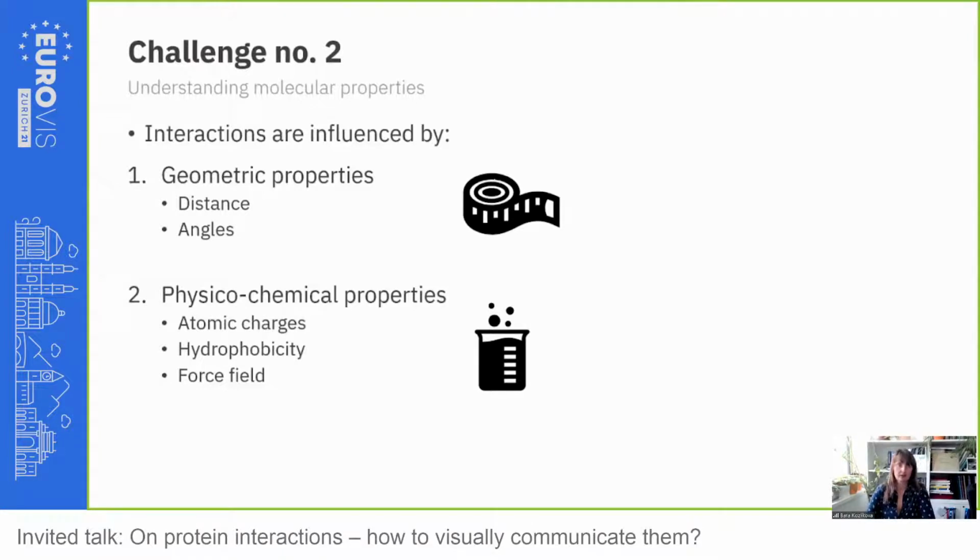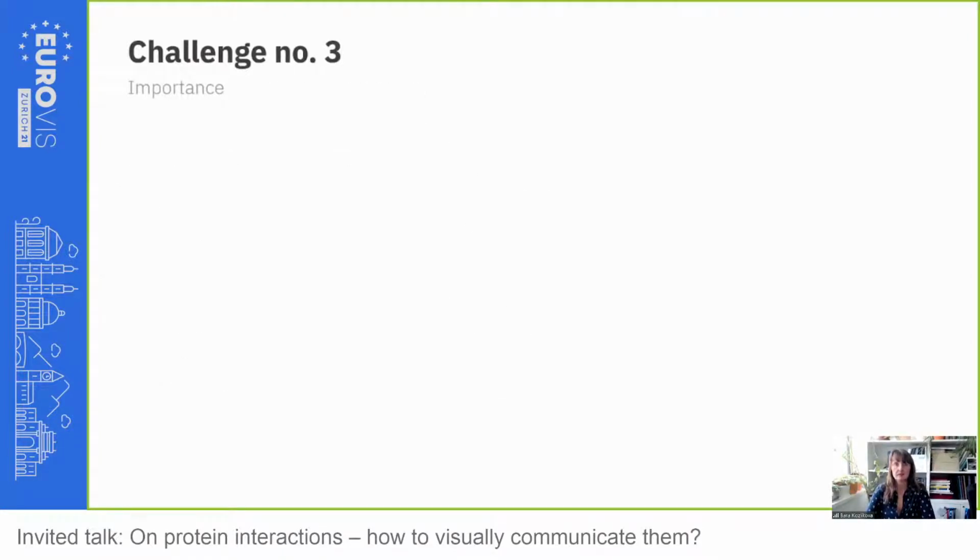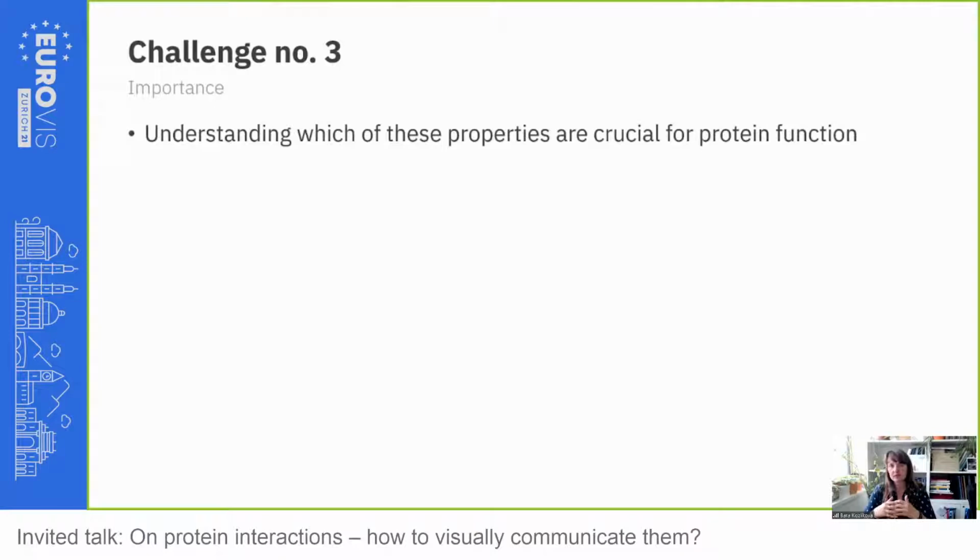And the third challenge is more related to the analysis of such data, and it's somehow also related to the molecular dynamics simulation, the challenge number one I was mentioning. So basically, it's the importance of these individual parts of such a simulation, but it can be even on a different scale.